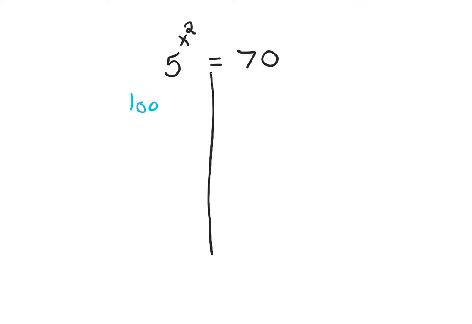Okay, final example. 5 to the power of x squared equals 70. Solve for x. Right away, log on both sides. Exponent out in front.